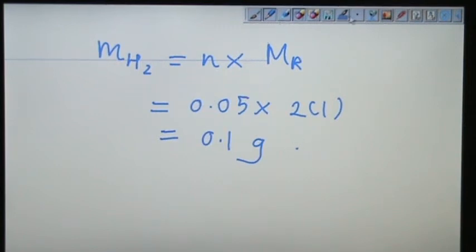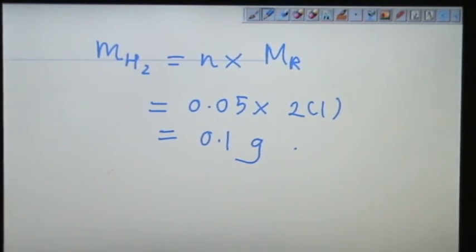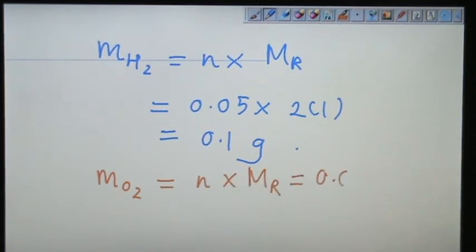Now, let's consider oxygen. What's the mass of the oxygen molecule? n times molar mass. So 0.05. Oxygen is 16, remember? But there are 2 pieces of oxygen. So we times 2 times 16.